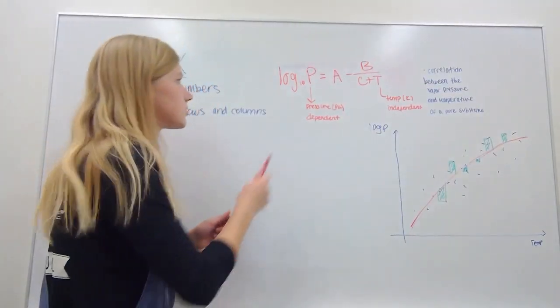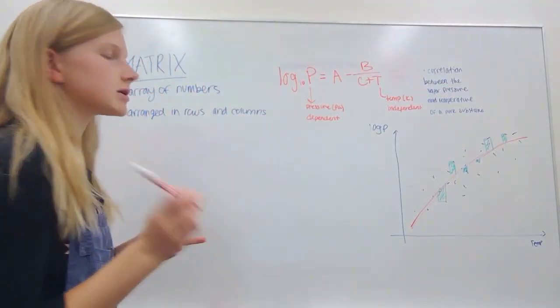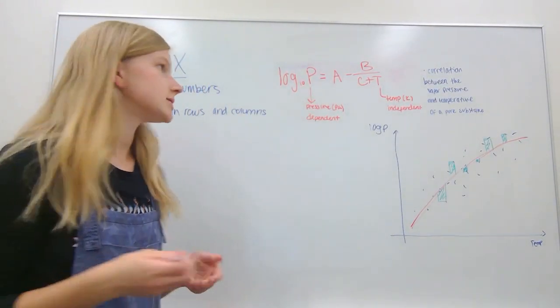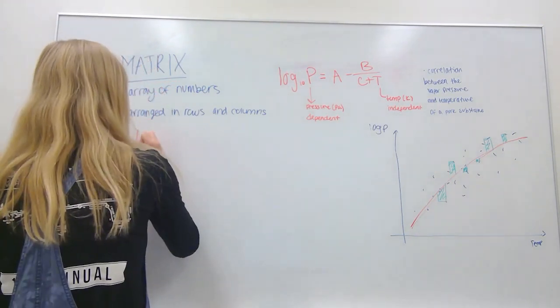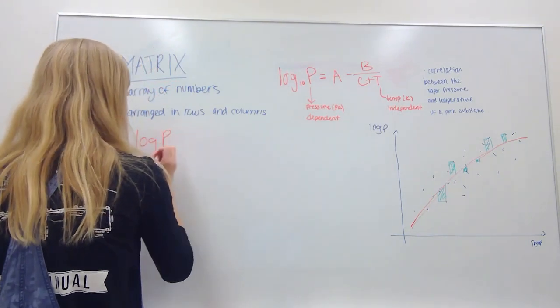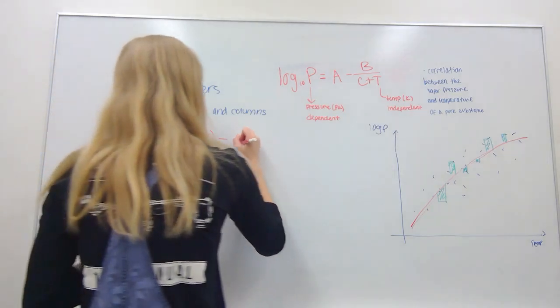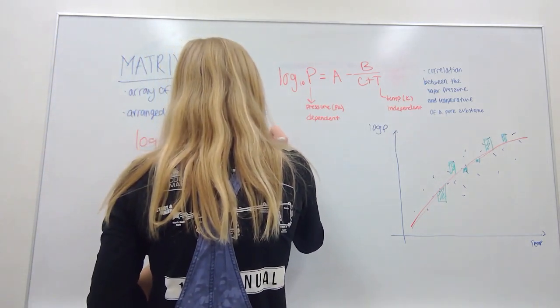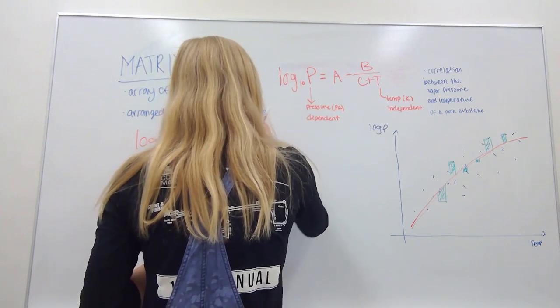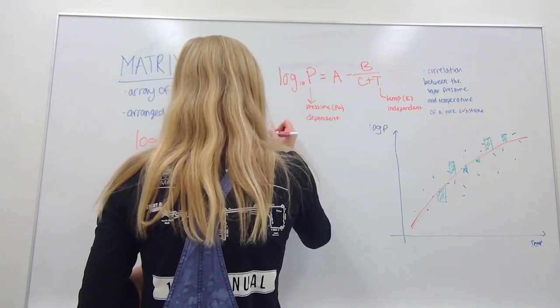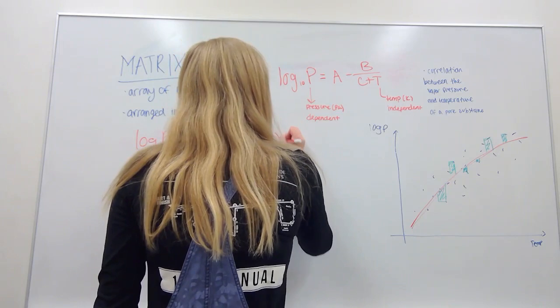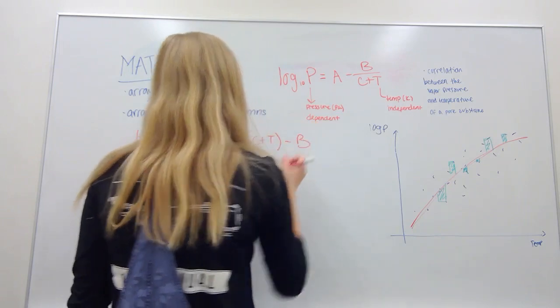So what I'm going to do is move some things around with this equation. I'm going to multiply both sides by C plus T. So we'll get the log of the pressure times C plus T, and that's what we get.